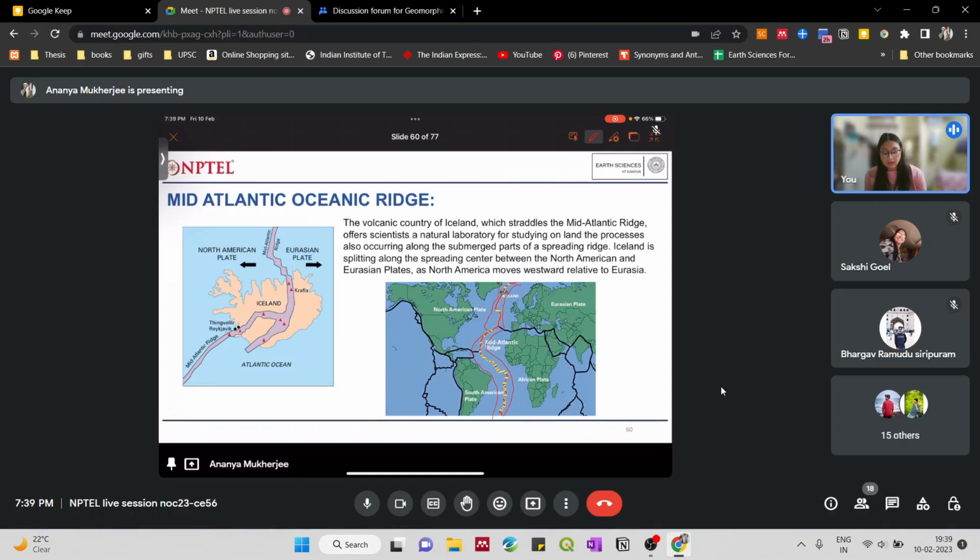And also within Iceland itself, Iceland is an island country, but the Mid-Atlantic Ocean ridge is actually traveling through Iceland over here. So the plate boundary is going through one single island itself. So Iceland is actually breaking apart because of this.